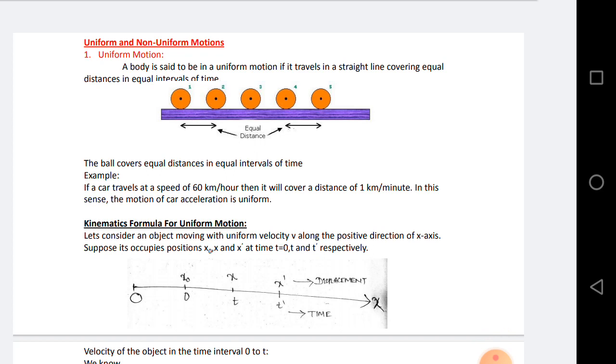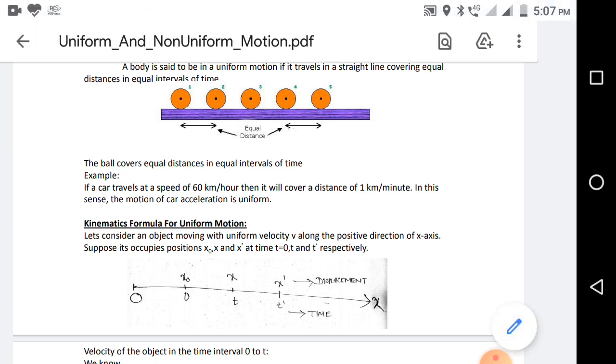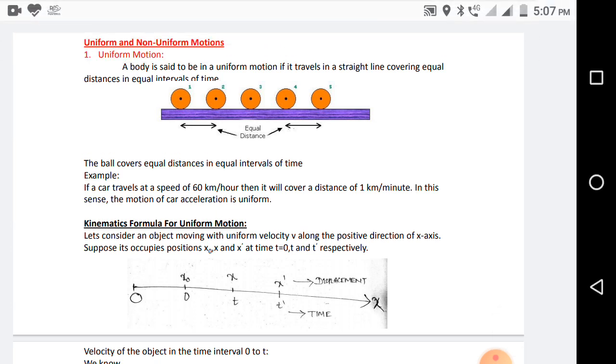The definition of uniform motion: a body is said to be in uniform motion if it travels in a straight line covering equal distances in equal intervals of time. The body covers equal distance in equal interval of time, but remember, the body is traveling in a line.